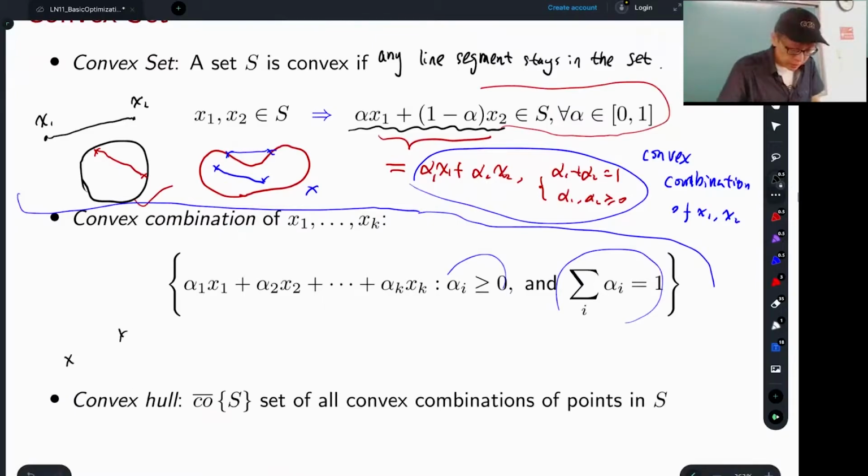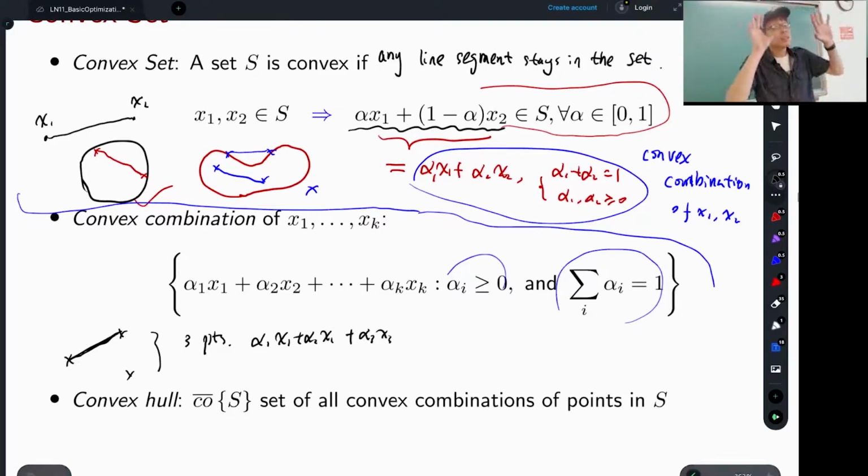Suppose I have 3 points. What's the set of all the convex combinations? Let's say this is one of them. For example, this line segment is a convex combination, right? For this case, 3 points, I have alpha 1 x1, alpha 2 x2, alpha 3 x3. A point can be written as a convex combination like this.